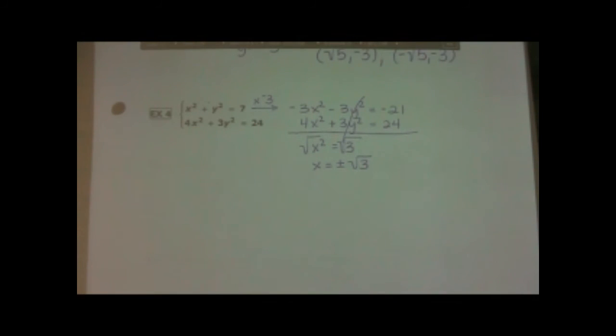All right, let's put these in and see what we have. So first of all, I've got x squared plus y squared equals 7. And then I've got 4x squared plus 3y squared equals 24. This is really going to be hard to see.